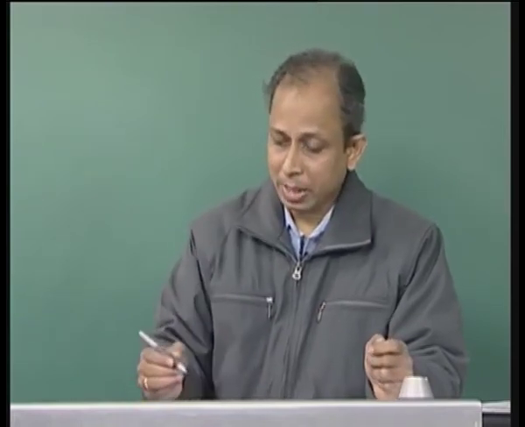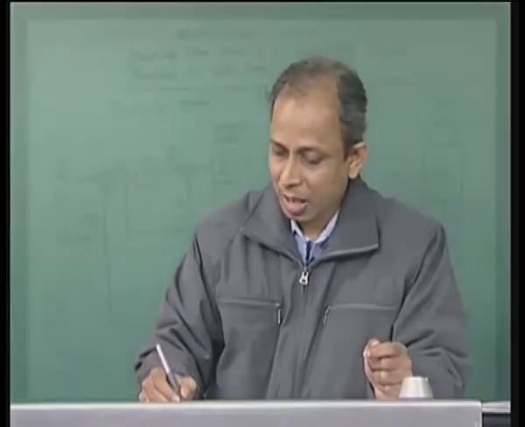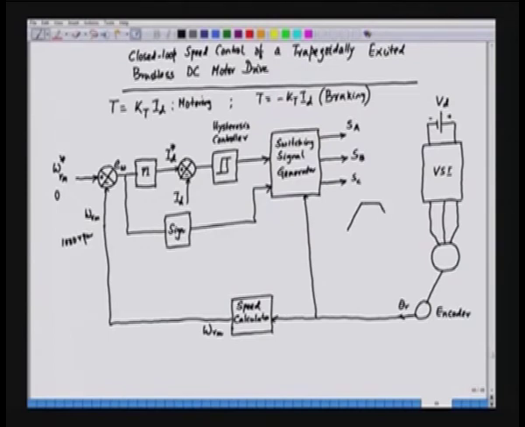Instead of applying a current which is in phase with the voltage, if this is the trapezoid, for motoring we apply a positive phase current like this. This is for any given phase. So, IA and EA: suppose this is our voltage EA, the induced EMF, and this is the current IA.